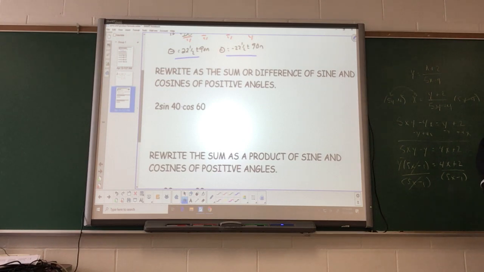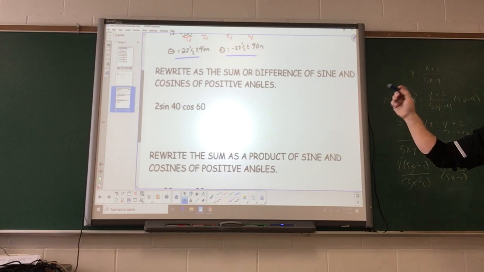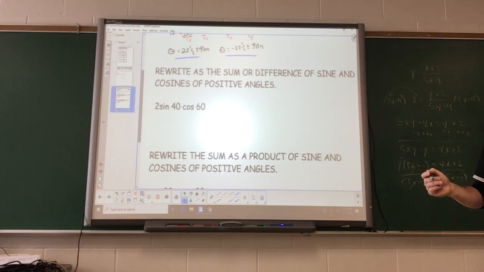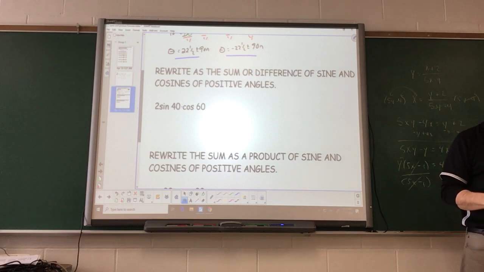So I'm looking for something on the right hand side that looks like 2 sine of something times the cosine of something. Of the top 4, which one has 2 sine cosine?